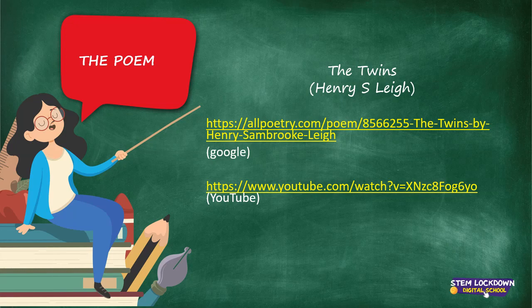5 W's and H. So who will help you to address who is being spoken about in the poem, or who is the writer of the poem, and then what is the subject, what is being discussed in the poem, and then where is all of this taking place, when is it taking place, and why as well, also how.